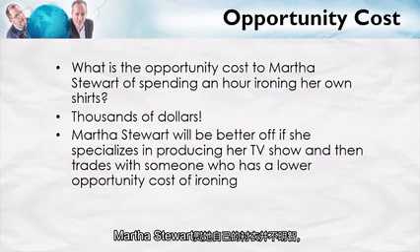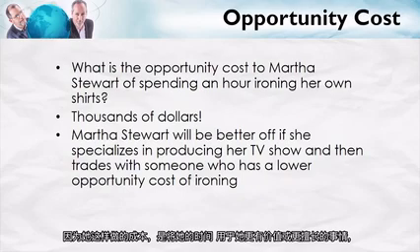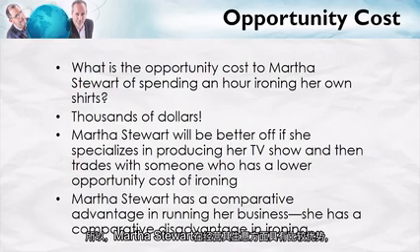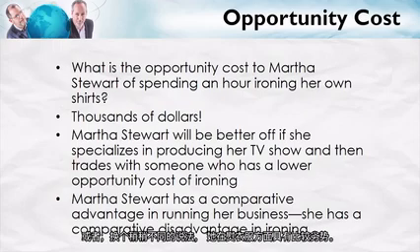It doesn't make sense for Martha Stewart to iron her own shirts because the cost of her doing so is devoting her time to something where she's even more valuable, where she's even better, and that is producing her own television show. So Martha Stewart has a comparative advantage in running her business. Or to put it slightly differently, she has a comparative disadvantage in ironing.